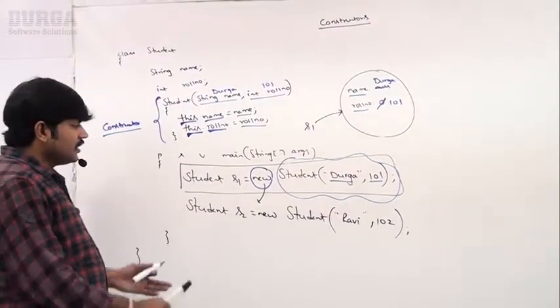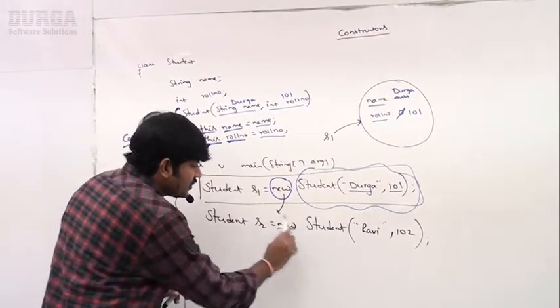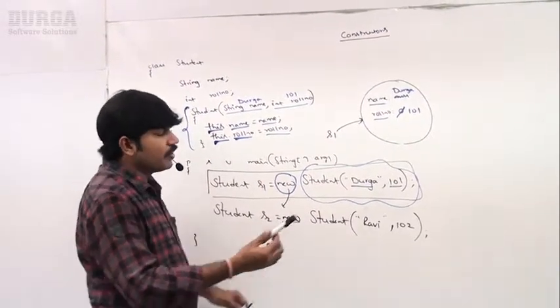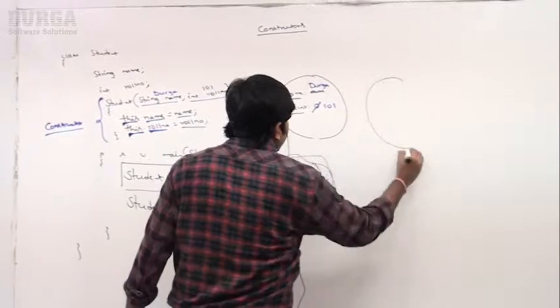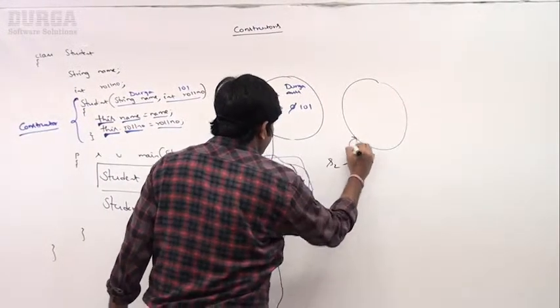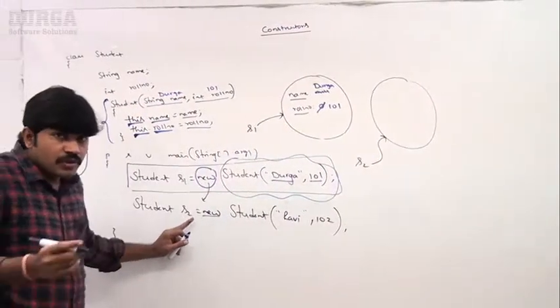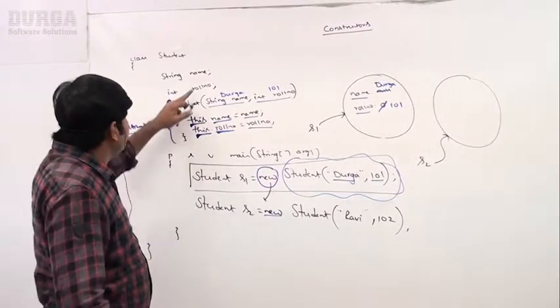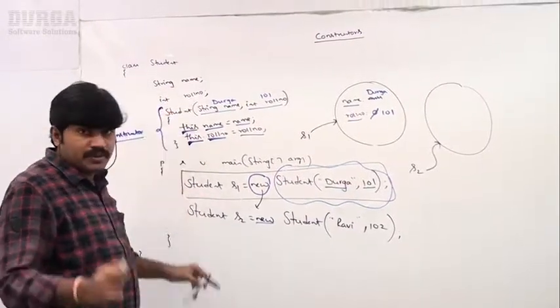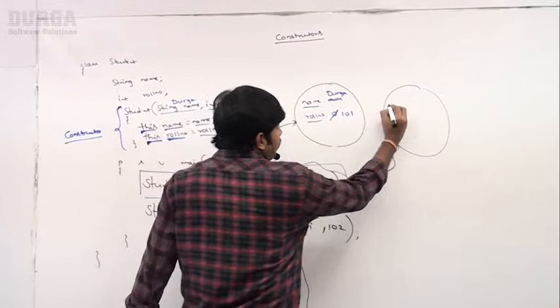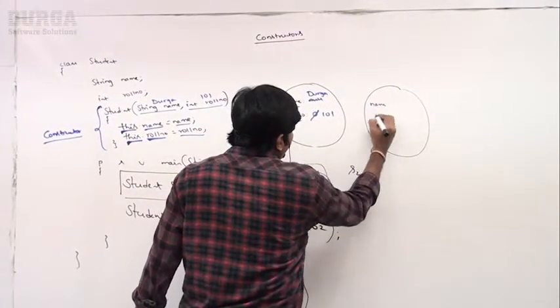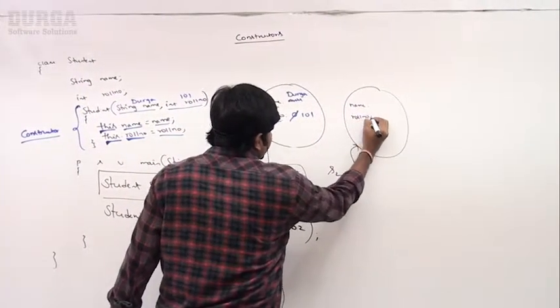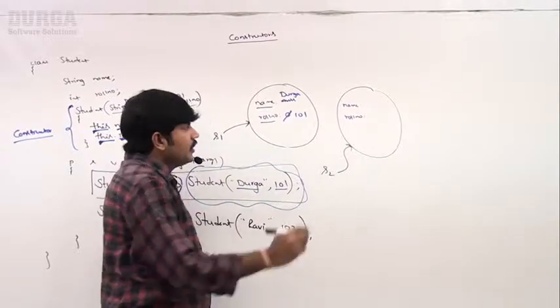Again, the new keyword is there. Because of the new keyword, one more object will be created. s2 is the reference variable. For every object, a separate copy of instance variables will be created: name and roll number will be created.